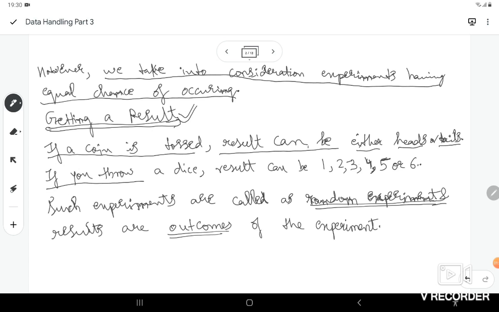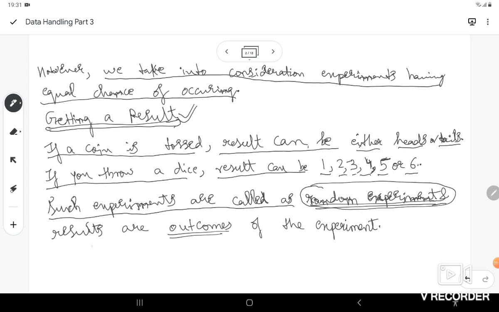Similarly, if you throw a dice, the result can be either 1, 2, 3, 4, 5 or 6 displayed. So what are such experiments? Such experiments are called random experiments, and the results of these experiments are called outcomes of the experiment.